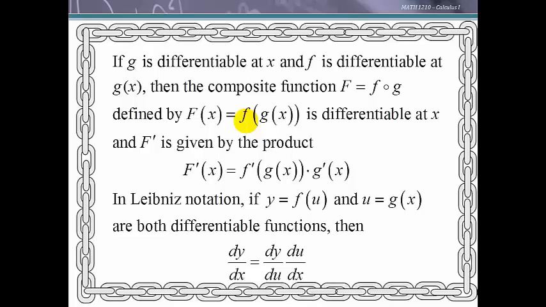So the derivative is the derivative of the outside function. You do not change the stuff inside when you do this, and then you multiply it by the derivative of what's inside. So here it is with Leibniz notation, calling the stuff inside u. Here it is, the stuff inside is g of x.